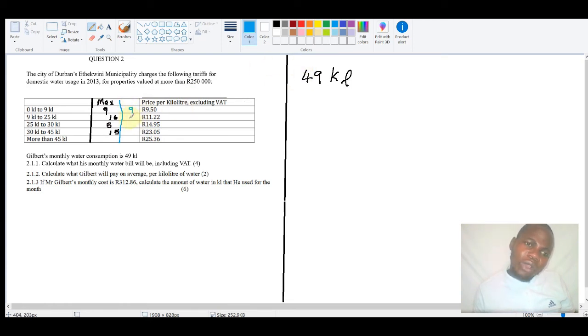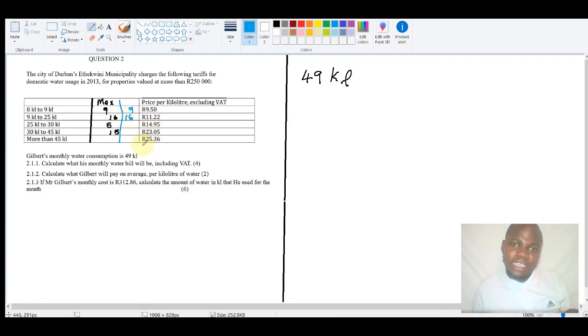So you ask yourself a question, will I put all the 40 kiloliters of water that is remaining, because 9 already is accounted for there. Now let's see. You ask yourself, will you put all the 40 that is remaining? If you put a 40, it falls outside our maximum. Our maximum water that you can put in this range is 16.